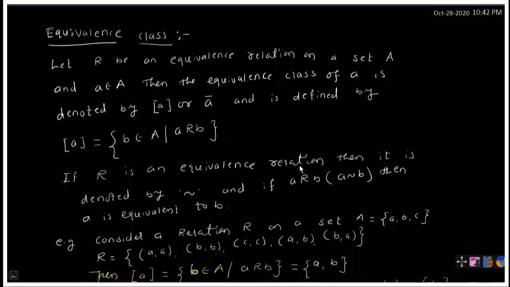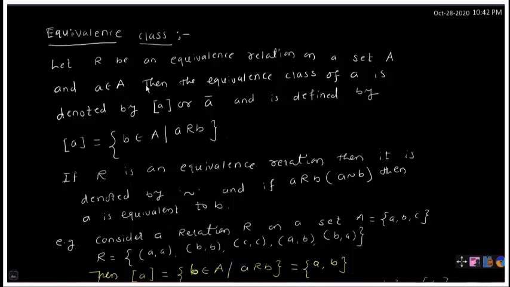If R is an equivalence relation, then it is denoted by this symbol. It is a notation for equivalence relation, and if a is R related to b, then R is replaced by this symbol, and it is read as a is equivalent to b.